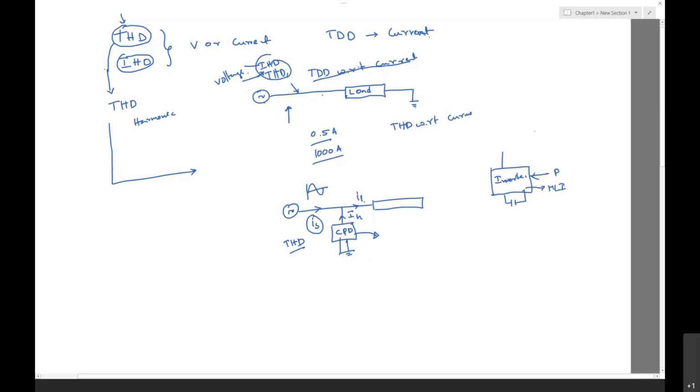We do harmonic analysis. As I mentioned, you can go for total harmonic distortion, or the individual harmonic distortion, or the harmonic spectrum. The harmonic spectrum gives the individual harmonics as well as the THD.